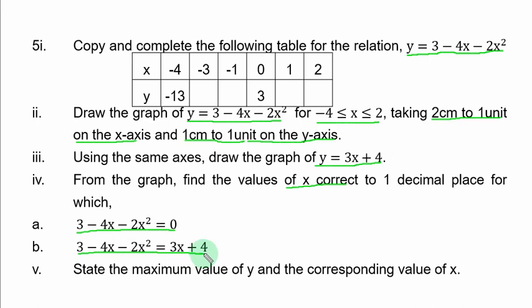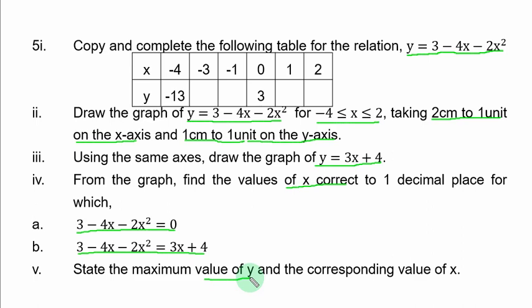Roman figure 5, state the maximum value of y and the corresponding value of s. That is, the value of s at the maximum value of y. So this is the whole problem.